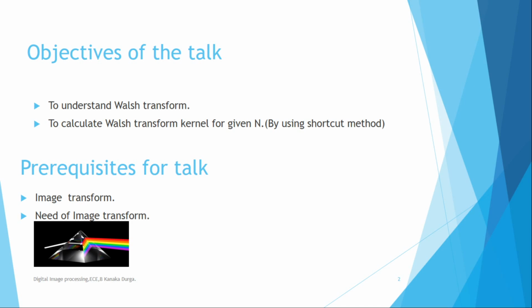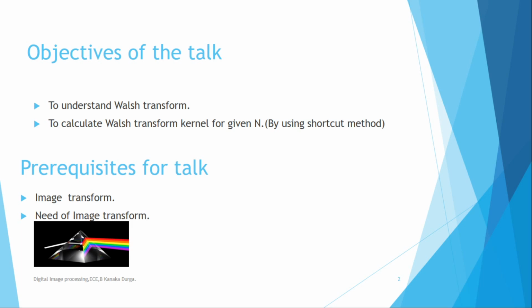Next, why do we have to convert these images from the spatial domain to the frequency domain? That is the need for image transformation. The first point is that we will have more information about the images in the frequency domain. We can analyze the images in the frequency domain very easily.